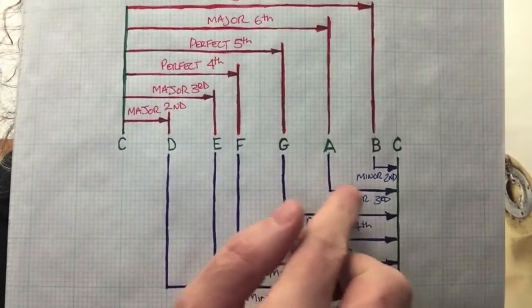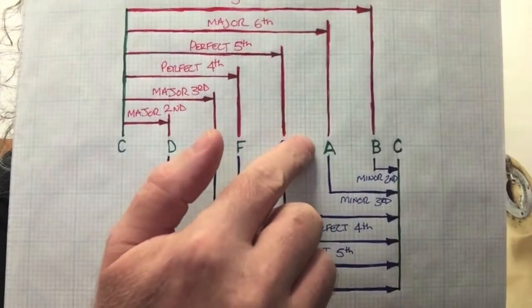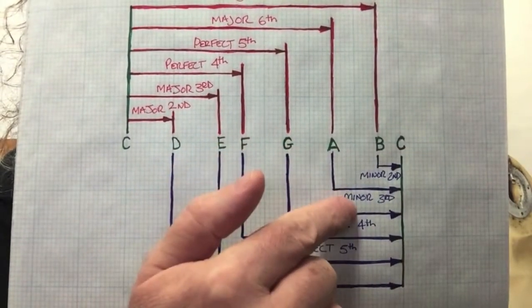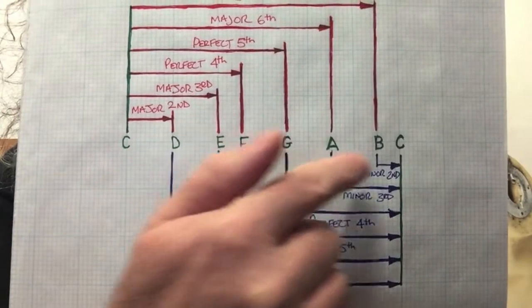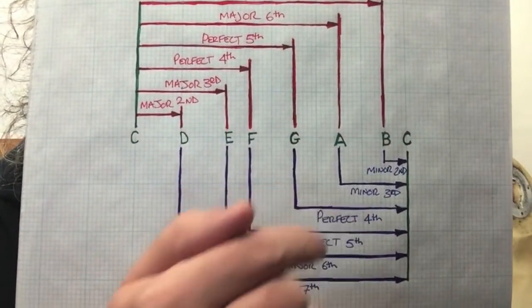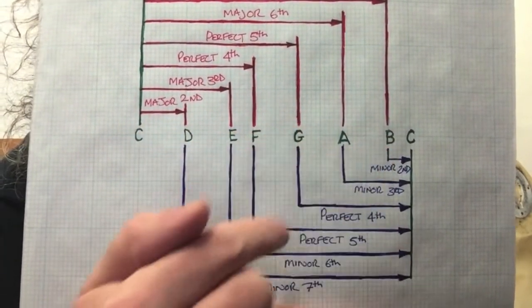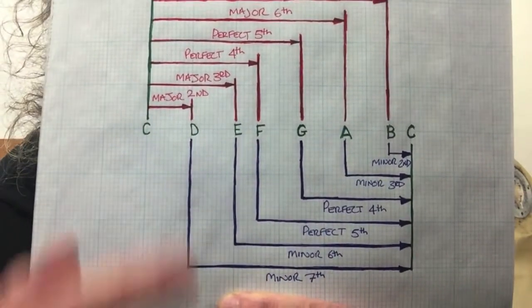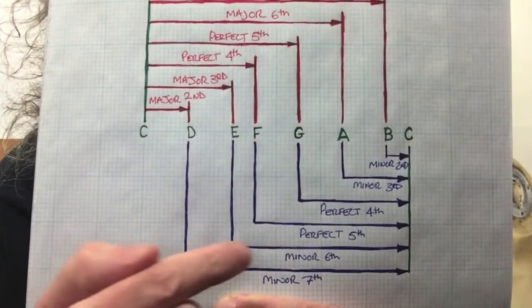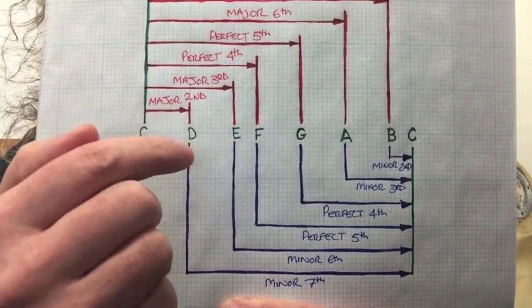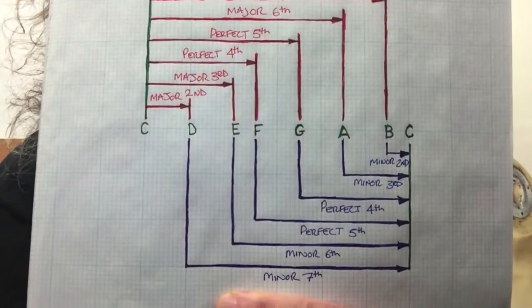B to C is a minor second, A to C is a minor third, G to C is a perfect fourth, F to C is a perfect fifth, E to C is a minor 6, and D to C is a minor 7.